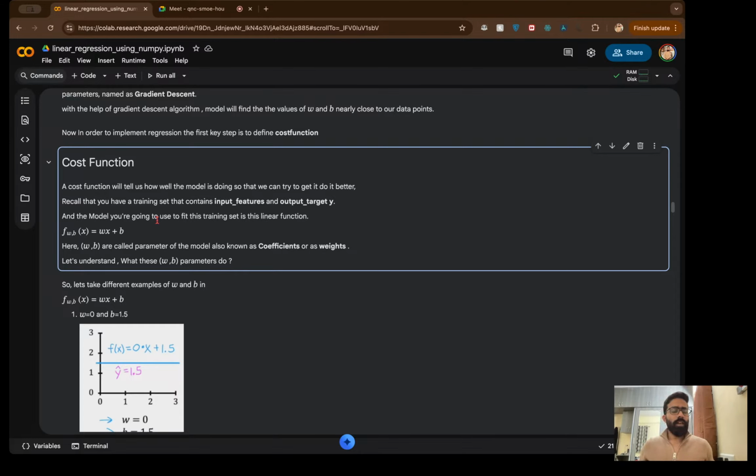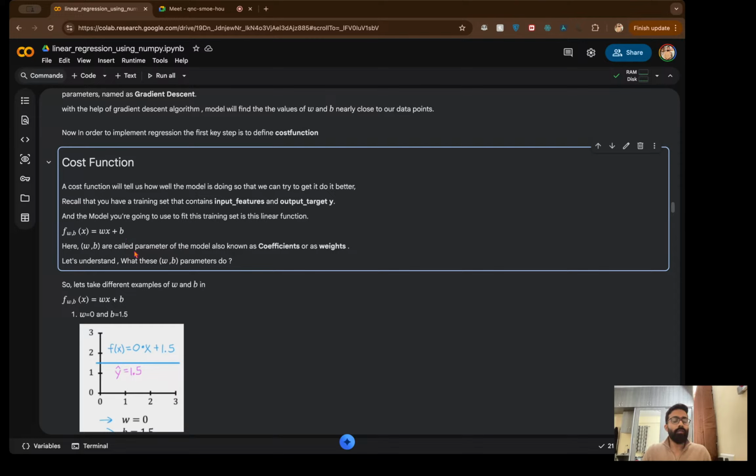Recall that you have a training set that contains input features and output target y. And the model you are going to use to fit this training set is this linear function, right? We are creating this linear function.